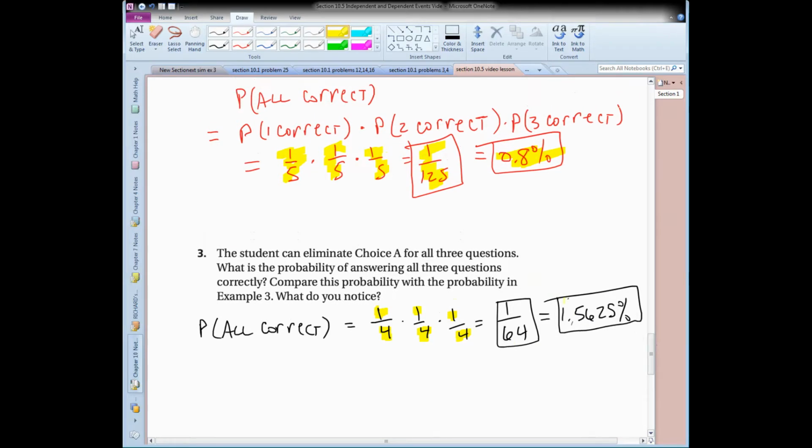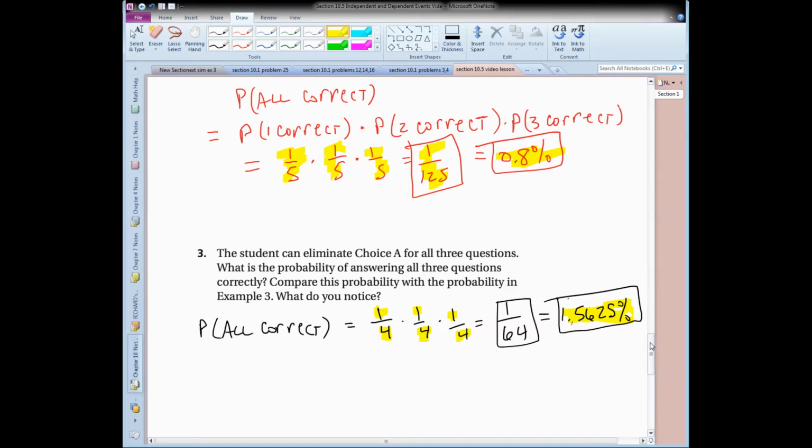So notice, by eliminating just one of the answers in each question, it increases the likelihood that you could guess all 3 correctly, even though it's still small. With these percentages being this small, guessing is still not the way to go, unless you could eliminate more of the answers and then guess.